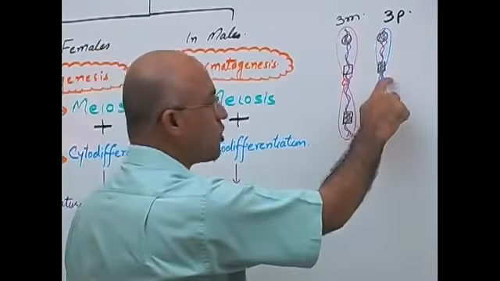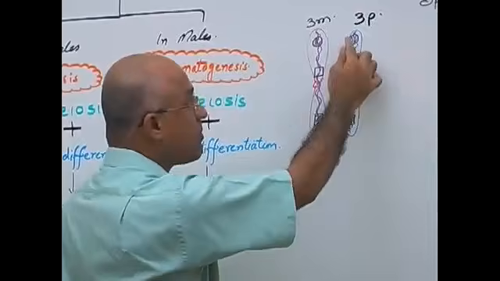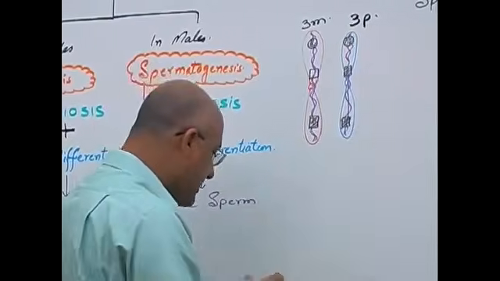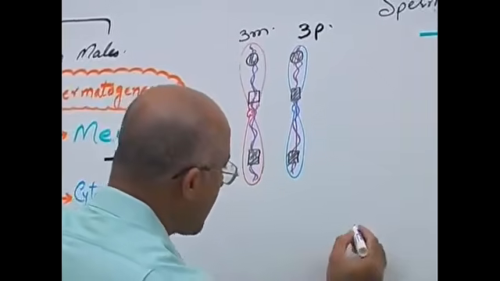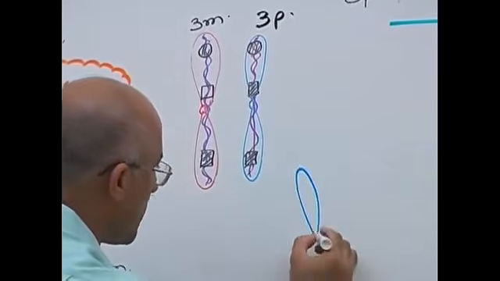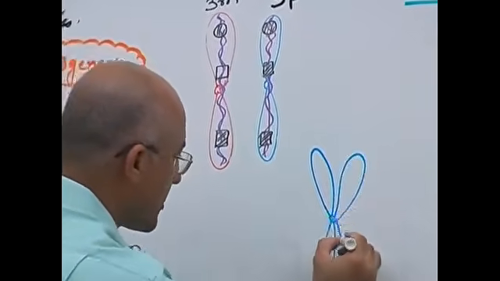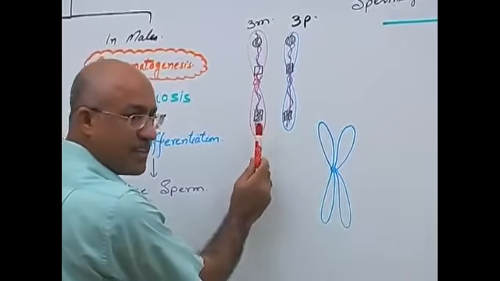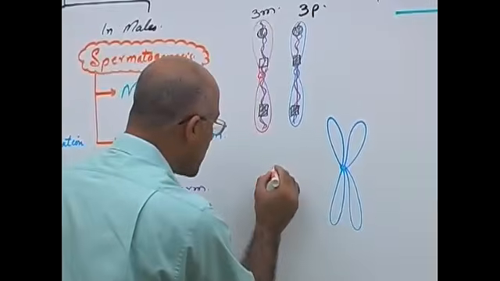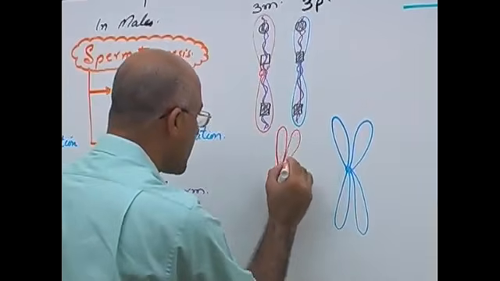Let's suppose this chromosome replicates its genetic material. When DNA replication occurs, what will happen to this chromosome? After DNA replication, this chromosome will become duplicated. In the same way, if DNA has been replicated in this maternal chromosome, it will also become duplicated.